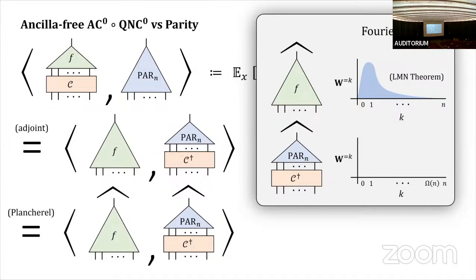If you take an adjoint for something that's not unitary, yes, you get an inner product, yes, you get these things formally, but it's no longer, in the second line here where I write adjoint, an inner product with respect to the uniform distribution. So that's the technical piece. Okay, thanks.